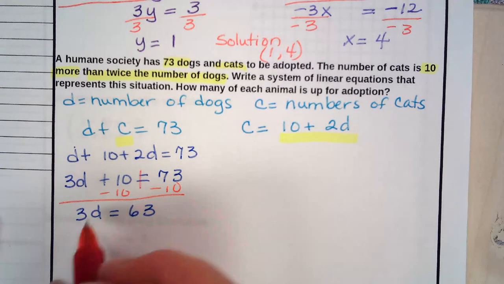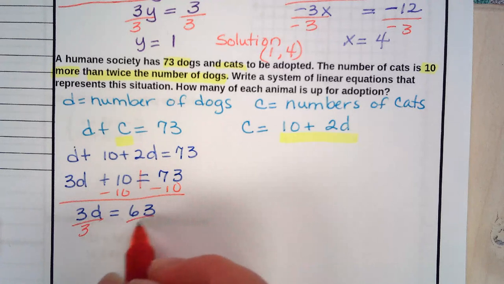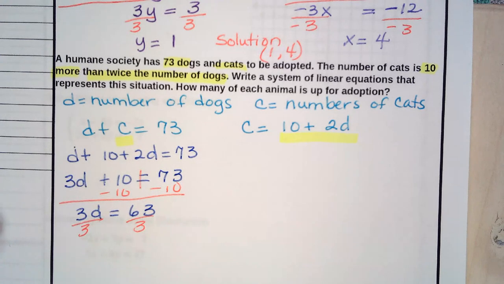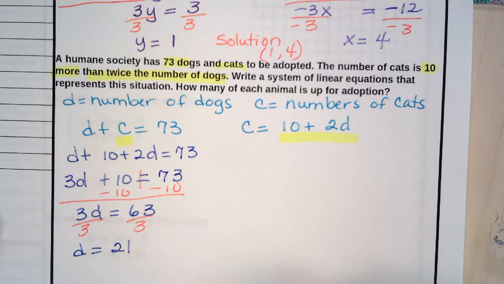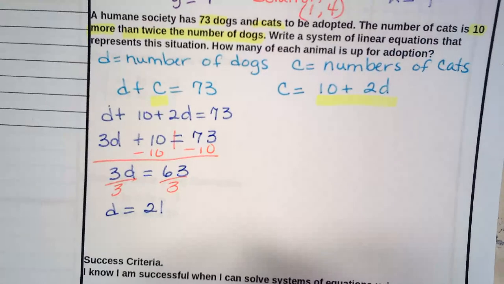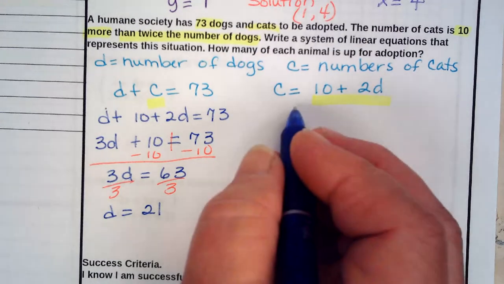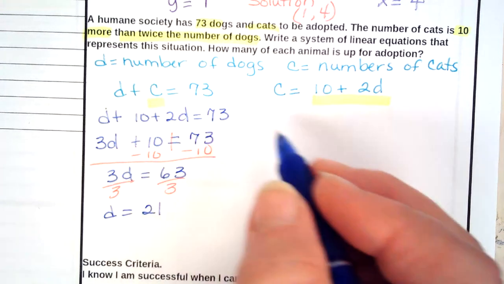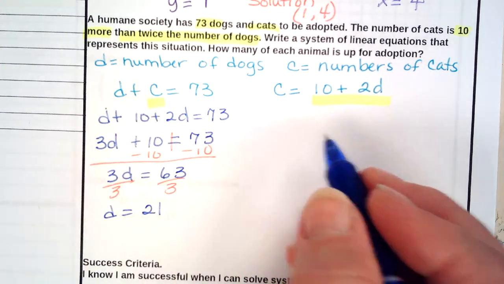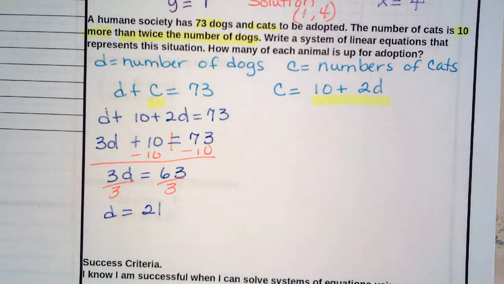Divide by 3. And D is equal to 21. What does that mean? That means that there are 21 dogs. How do I find C? Well, I can plug it in here, or I can take 21 plus C equals 73.